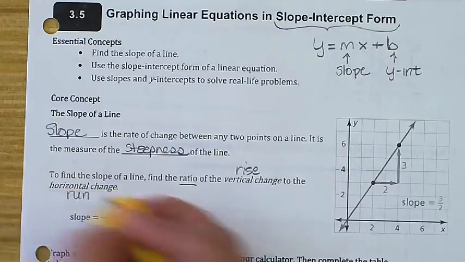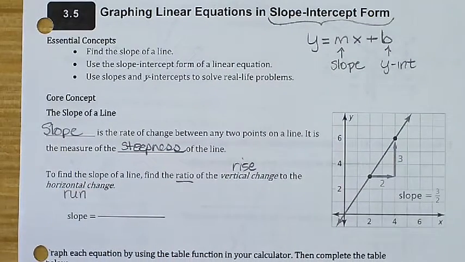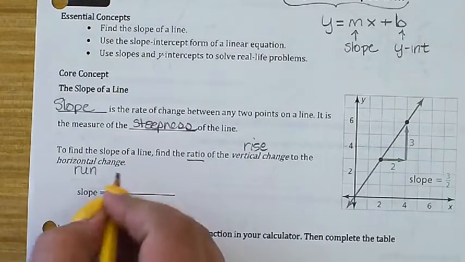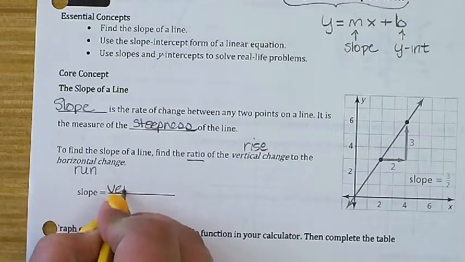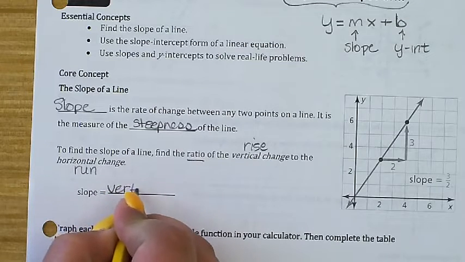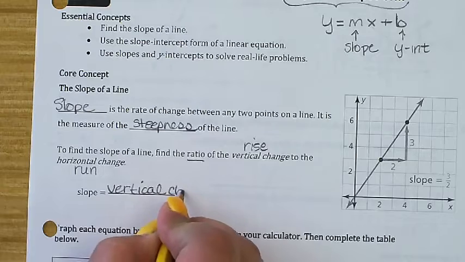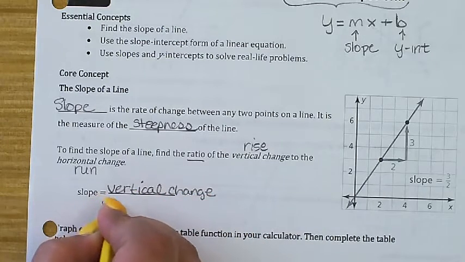A lot of times we refer to that as the run of the line, okay? So slope, we can think of that then as a ratio, vertical change over horizontal change. Vertical always goes on top. That is absolutely non-negotiable. It'll never be different. So the vertical change goes on the top, the horizontal on the bottom.